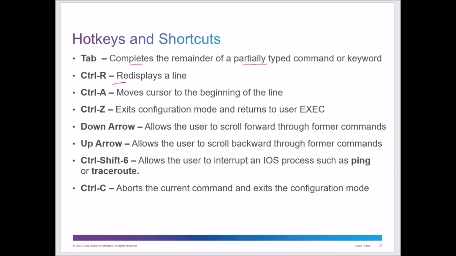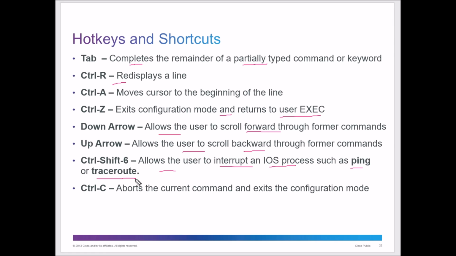Control Z exits the configuration mode and returns to user exec mode. Down arrow allows you to scroll forward through former commands. Up arrow goes backwards through former commands. So the arrow key up and down. Control Shift 6 allows a user to interrupt any type of iOS process. So if you start pinging or using a trace route, and if you're used to ping in the Microsoft world, you'll know that ping only goes 3 times unless you tell it to continue running.